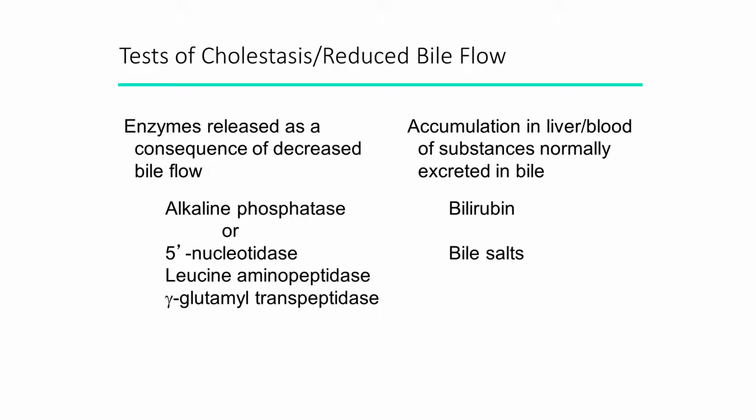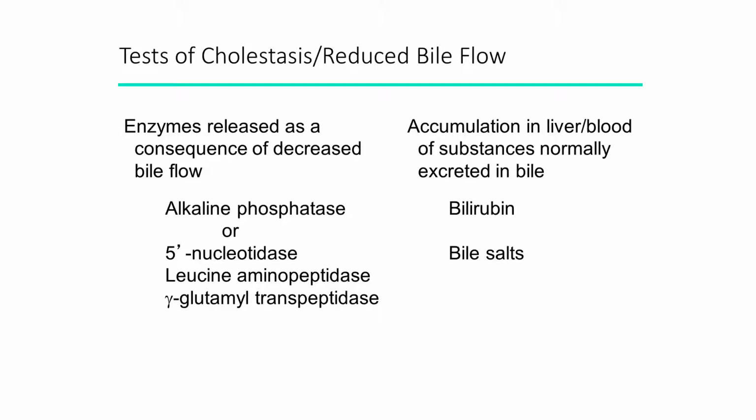Your serum alkaline phosphatase, or your ALP, actually comprises a group of isoenzymes derived from the liver, the bone, intestine, and placenta. So your alkaline phosphatase is found not only in the liver, but also in the bone, intestine, and placenta.